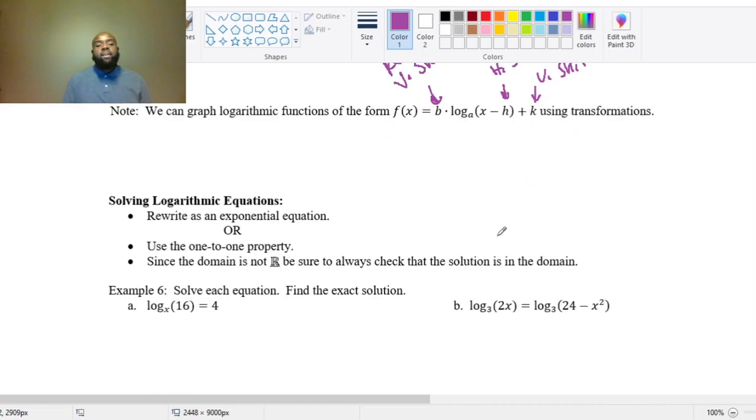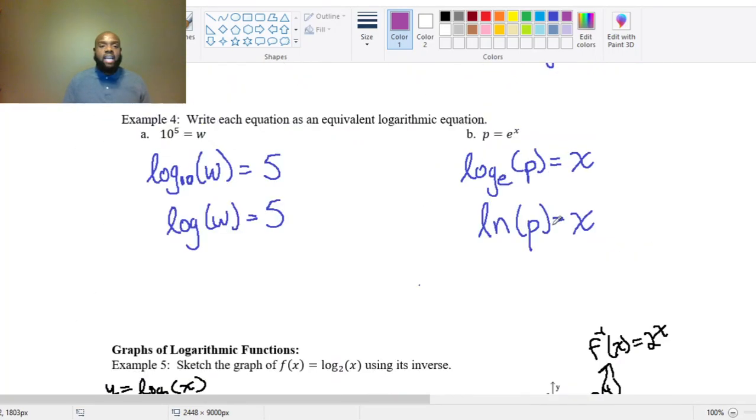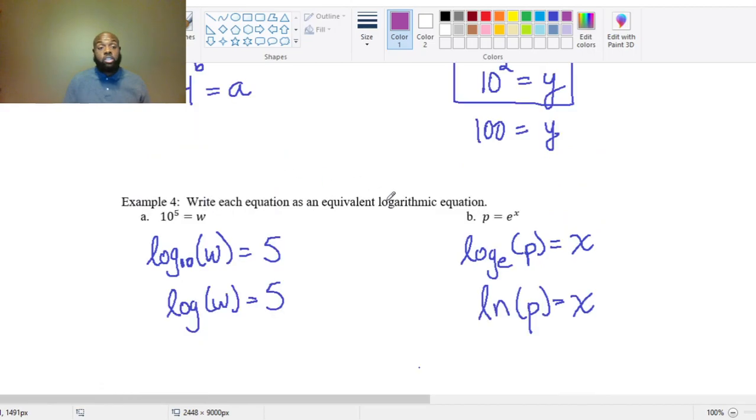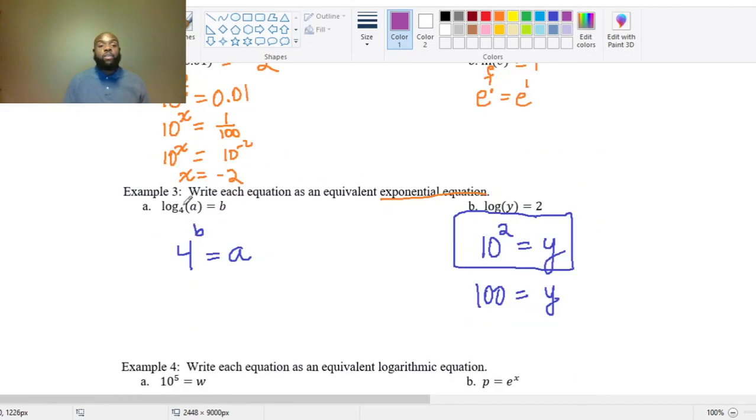All right. What we want to do lastly is determine how we can solve logarithmic equations. There are actually two ways that we're going to review. One way is to do what we've been doing before in the examples above. We've gone from an exponential equation to a logarithmic equation, and in these examples, we went from a logarithmic equation to an exponential equation.